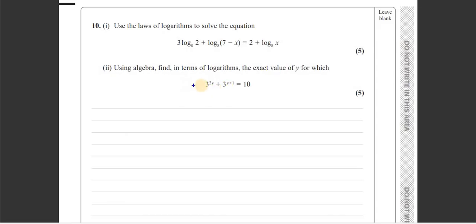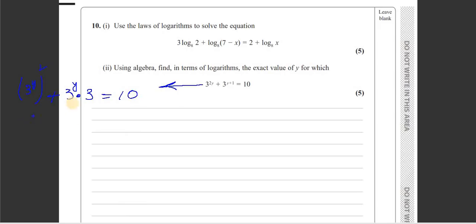So you can think of this equation as (3 to the power y) whole square, the first term, plus 3 to the power y into 3, because you can break y plus 1 as y and 1, so equal to 10.